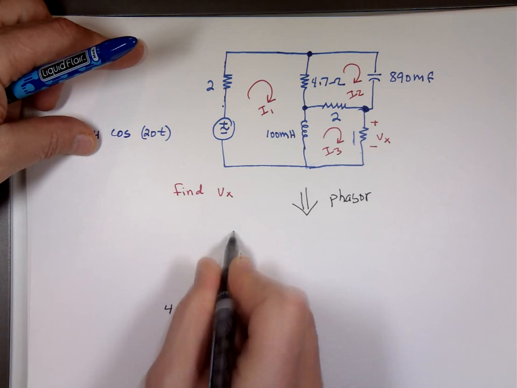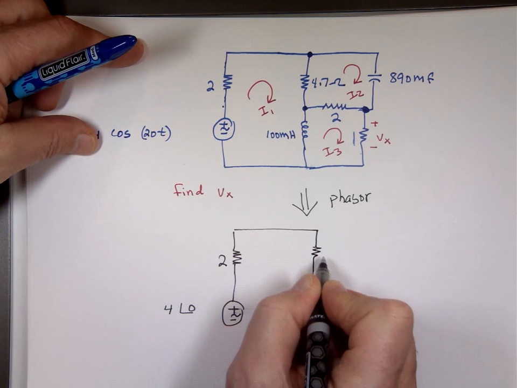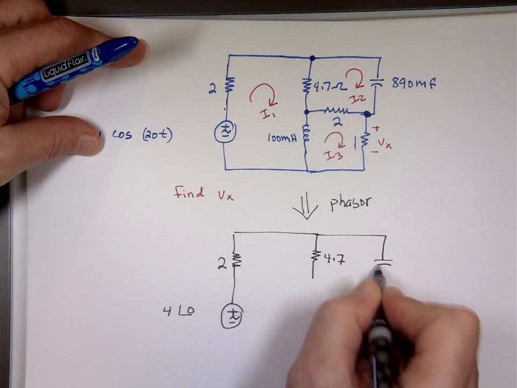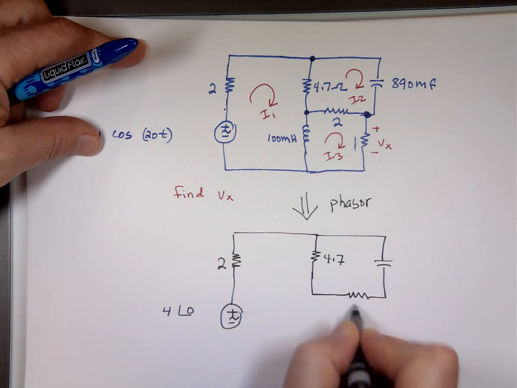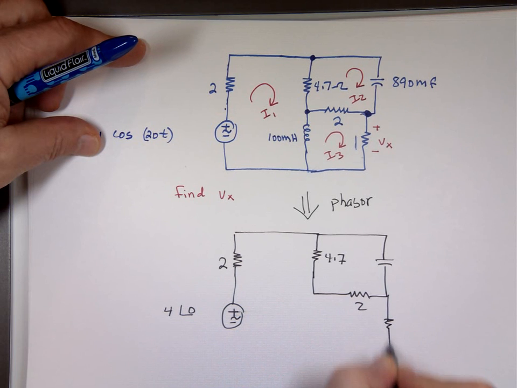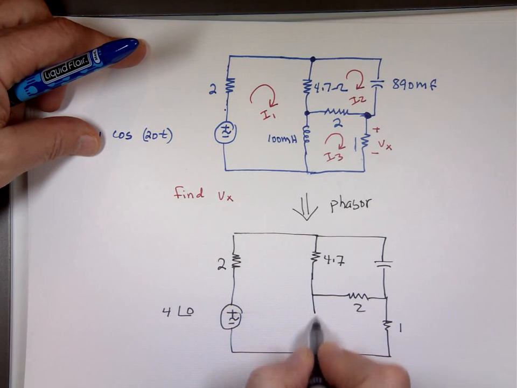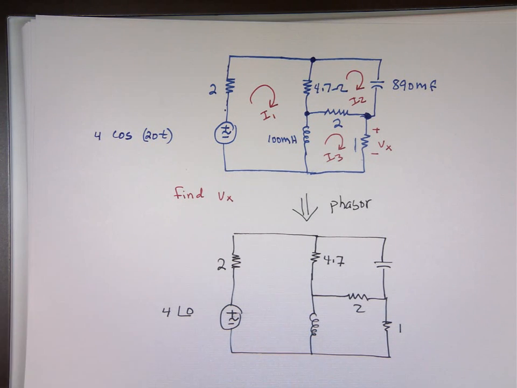The resistor doesn't change, still 2. 4.7. Two, 1, and the inductor. And this is Vx.